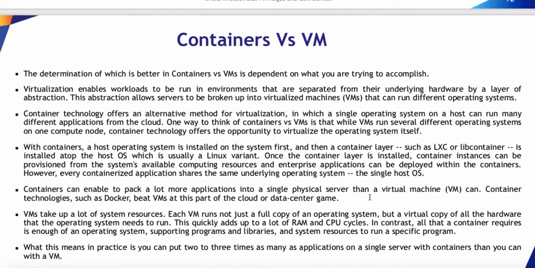The determination of which is better, containers or VMs, depends on what you are trying to accomplish and what outcome you want. Those are the things mentioned here, which guide what we choose based on our requirements.